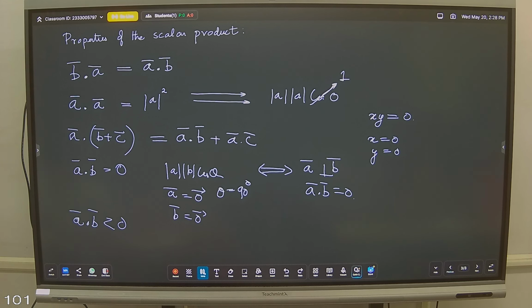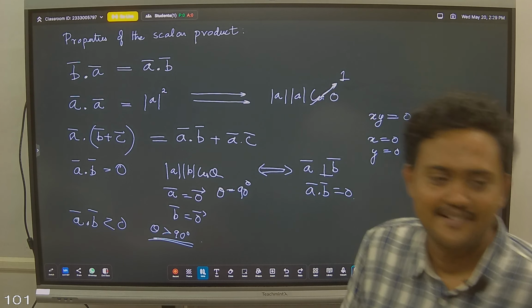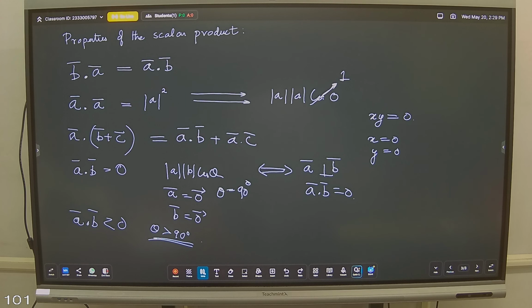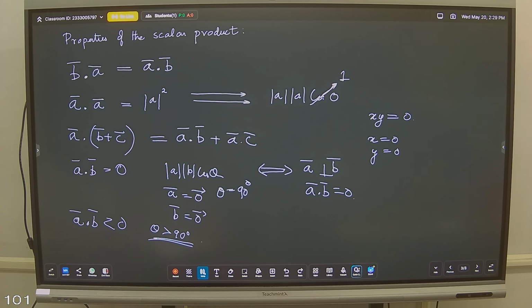Which clown said that? How will mod of a vector be less than 0? Get your doubts out. Okay. If A dot B is less than 0, mod A and mod B cannot be less than 0.